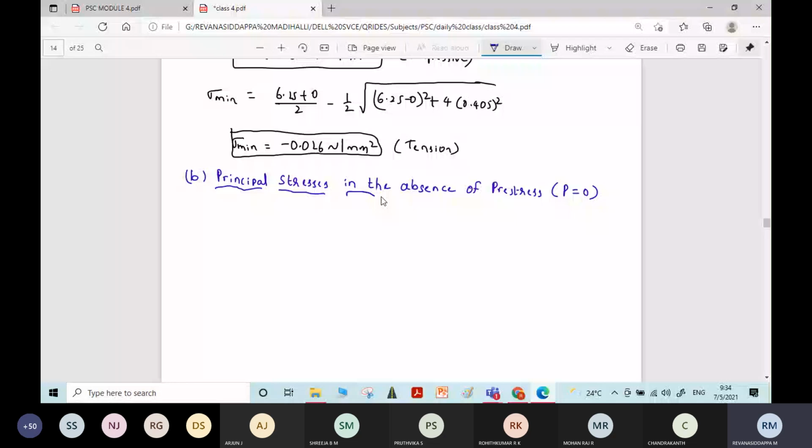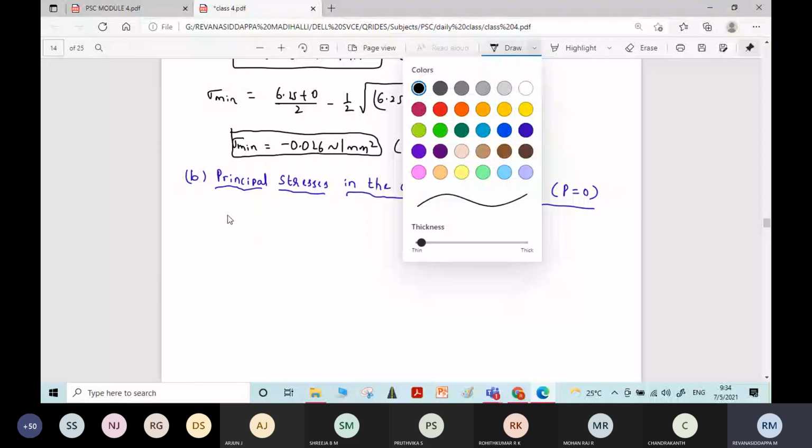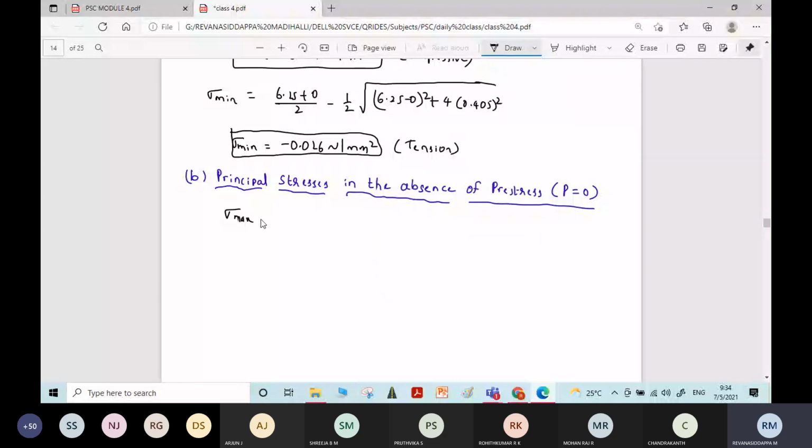Use the same formula. We know that sigma max or sigma minimum is equal to fx plus fy divided by 2 plus or minus half of root fx minus fy whole square plus 4 tau v square. Okay, fx was 6.25 Newton per mm square that we determined earlier.